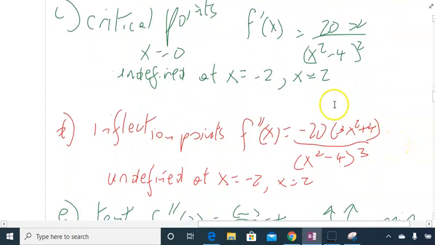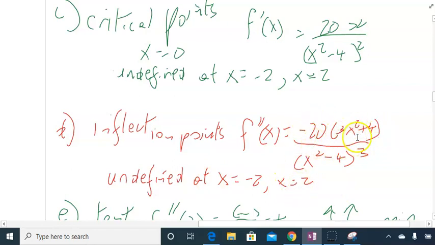Inflection points: you take the derivative of the first derivative and, after you've simplified, you end up with -20 times 3x squared plus 4 over x squared minus 4 cubed. Again, this is undefined at x equals -2 and +2, and these were your same vertical asymptotes.